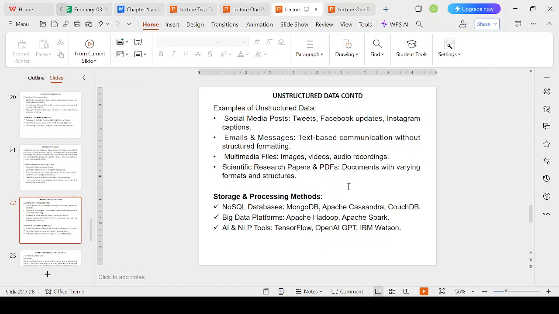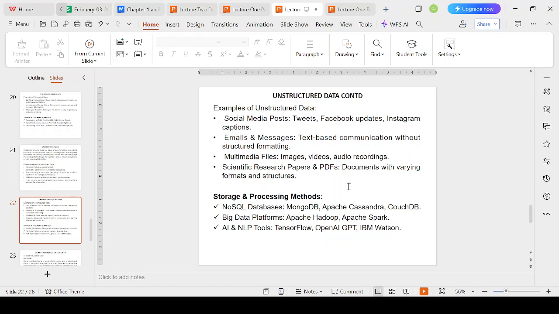Our emails and messages, text-based communication without structured formatting, multimedia files such as images, videos, audio recordings, scientific research papers, PDFs, documents in varying formats, all our social media data. They are typical examples of unstructured data.